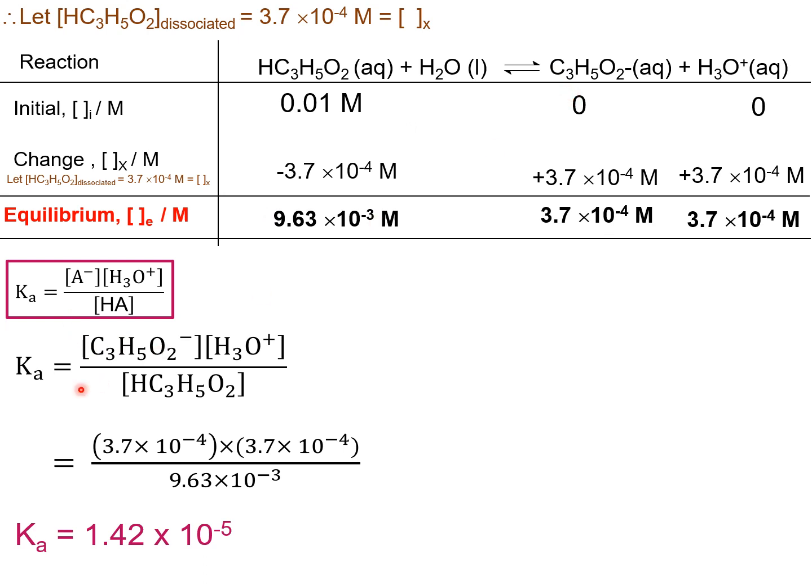Based on this situation, the Ka expression will be equal to the concentration of the product C3H5O2 minus multiplied by the concentration of H3O plus, divided by the concentration of the reactant C3H5O2, and then you substitute the concentration at equilibrium for each of the species. And then you will get the Ka value of 1.42 times 10 to the power of negative 5. No unit, okay? Because Ka is dimensionless.